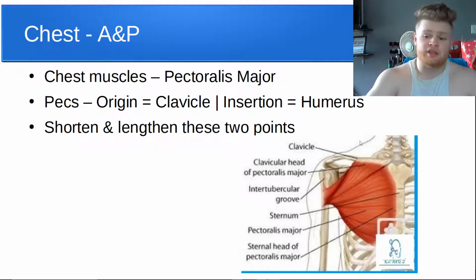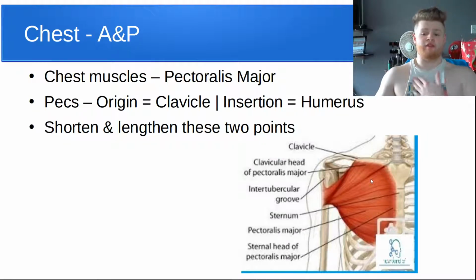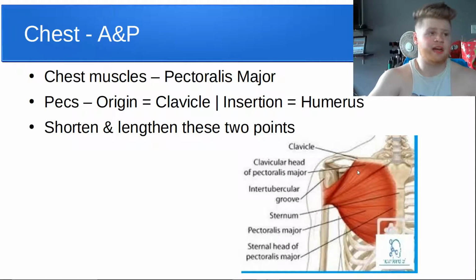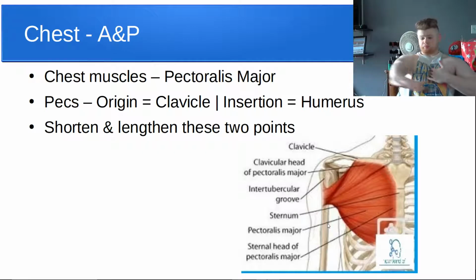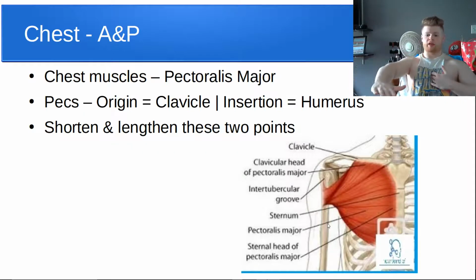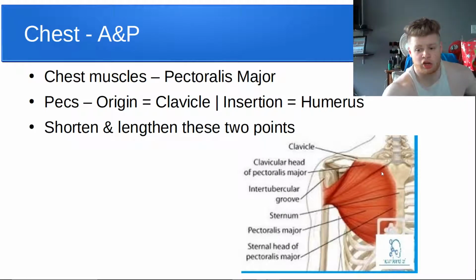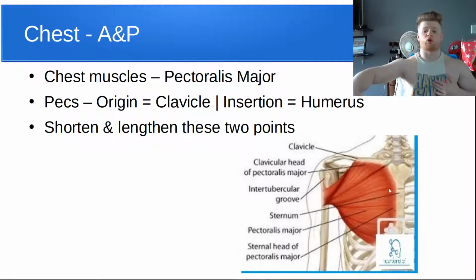The fact that these upper fibers here run at a 45-degree angle from the humerus up to the top of the clavicle, that explains why we need to do incline pressing movements. Because when we do the flat movements, and we're shortening and lengthening, shortening and lengthening, we're hitting these fibers here, the ones in the middle that run completely horizontally.